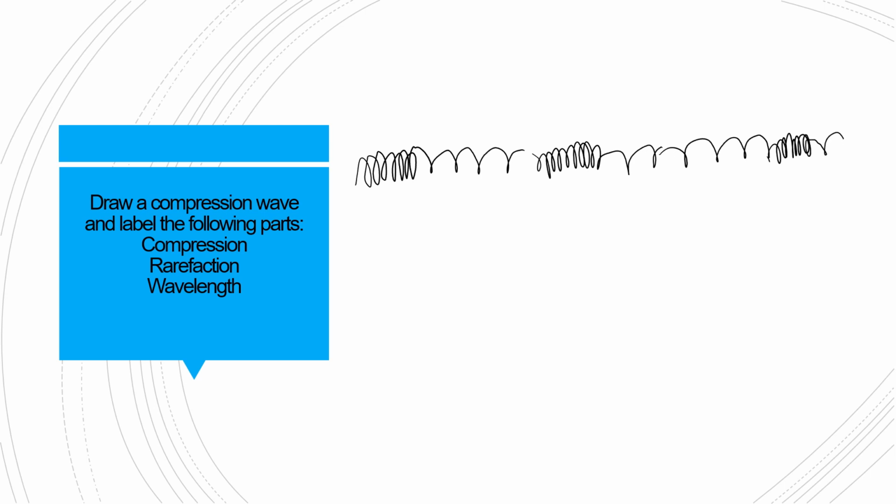You have amplitude, you have all those things on a longitudinal wave. The same things you have on the transverse wave, with the exception of the crest and trough, obviously.